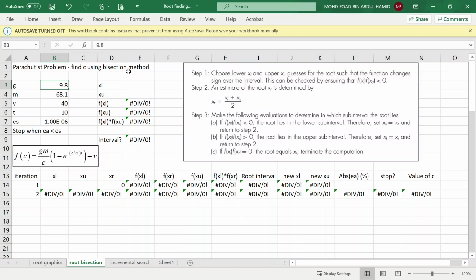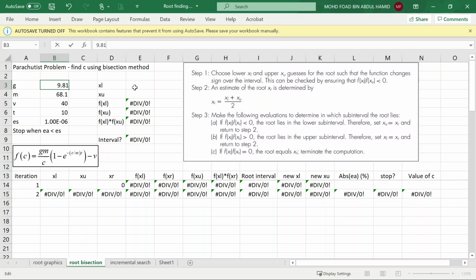G should be 9.81. M is 68.1, B is 40, T is 10, and the stopping error is, we stop the iteration when the error is 10 to the power of minus 6.